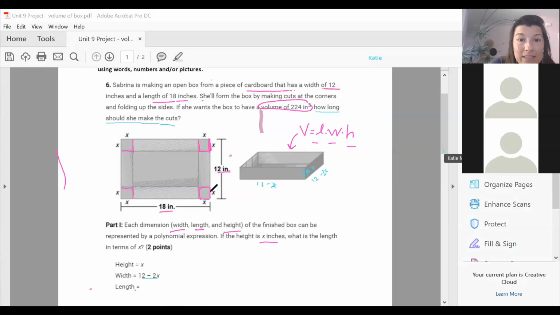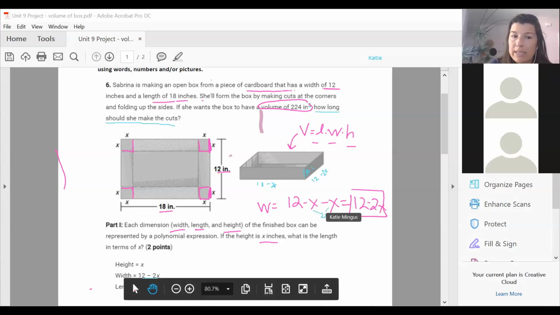We're taking an x length there and an x length there. So 12 minus x again. We can combine like terms. Good, is equal to 12 minus 2x.